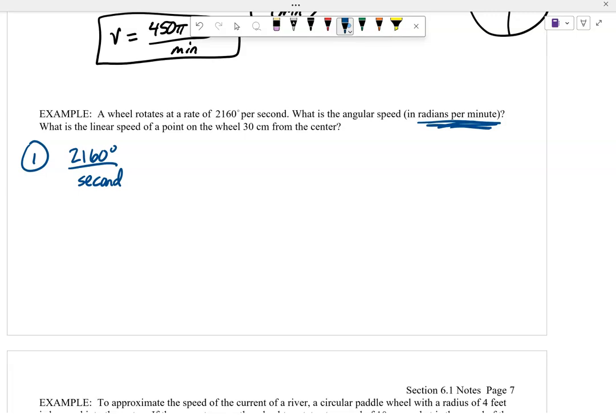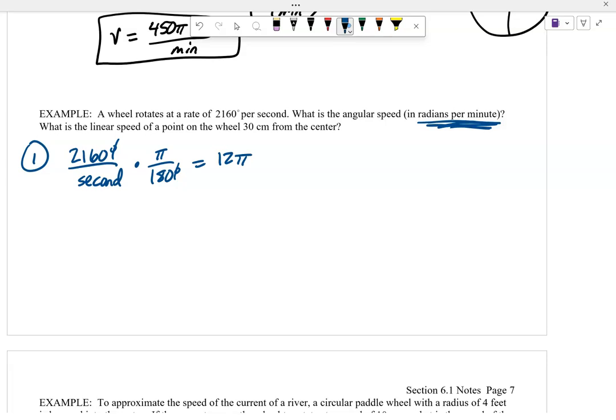So let's first convert this to radians. I'm going to multiply by pi radians for every 180 degrees. And so we get 2160 divided by 180. Notice that the degrees cancel. And we get 12 pi. So now I have the wheel rotating at 12 pi radians per second.